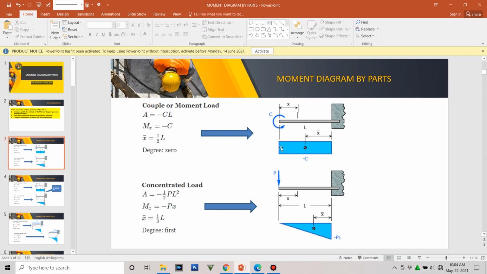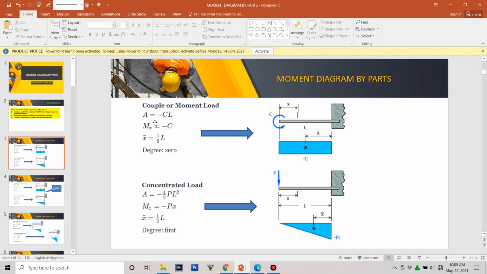The sign is determined by locking your reference line and then determining whether it is concaving downwards or concaving upwards. Our beam applying the couple is concaving downwards, so it is negative.